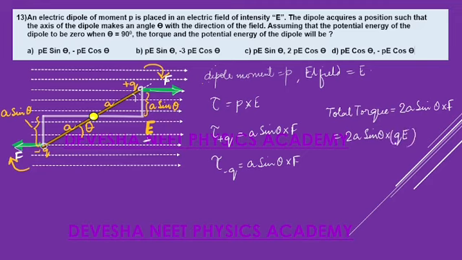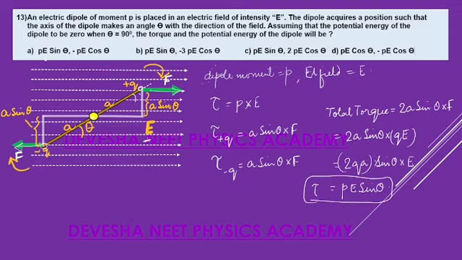If we bring the Q here, this is equal to Q into 2a sine theta into E. So this becomes equal to PE sine theta. Okay, so this is the torque.